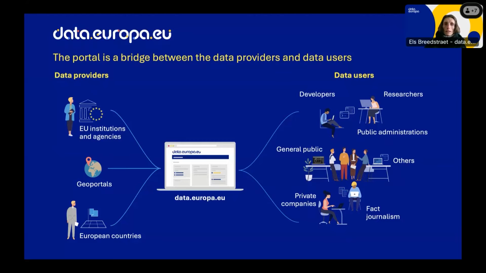And we also collect geodata from geoportals, also in the same European countries. All these data are harvested by data.europa.eu. We feed them into our system, and they all come out nicely described by metadata and with a search on the website, so our data users can find them.